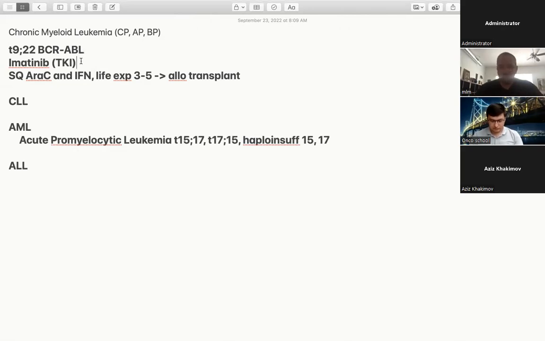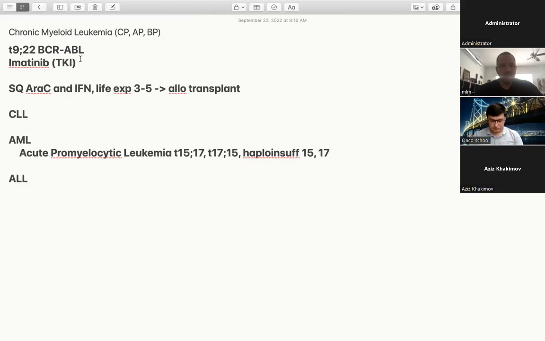Fortunately, though, imatinib came out in what was called the IRIS trial, ironically, where people with chronic phase CML were randomized to either Ara-C and interferon or to imatinib, and it showed a dramatic improvement in outcomes with imatinib. And the vast majority of these are sustained.